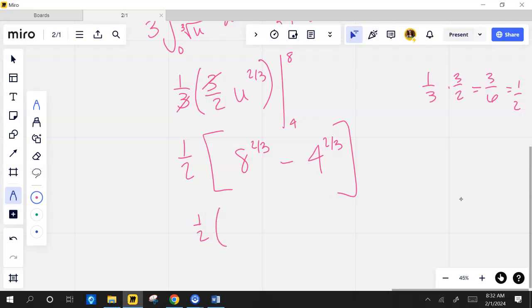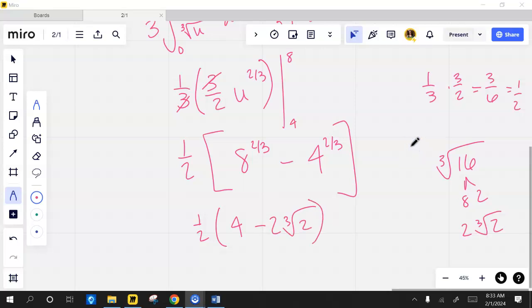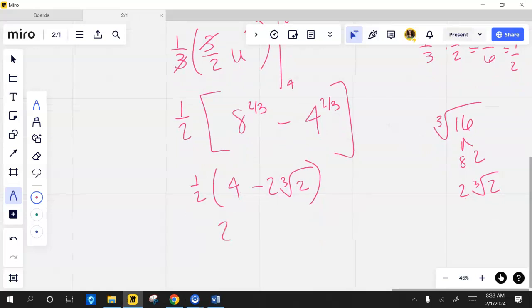All right. So this is 4 minus, I can't simplify that, can I? I could simplify. I could do the cubed root of 16. I could do 8 and 2. 2 cubed root 2. All right, so then if I distribute that half, I could have 2 minus the cubed root of 2.